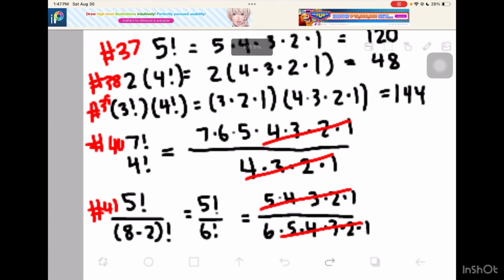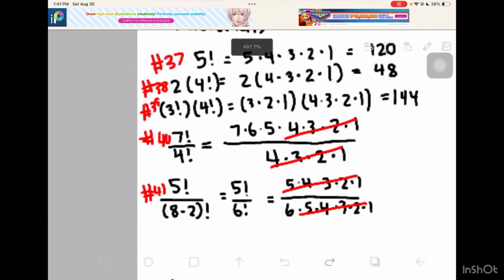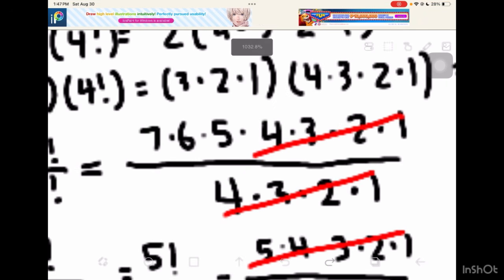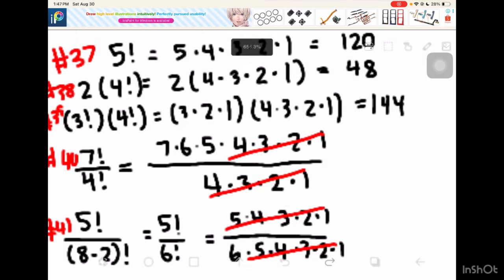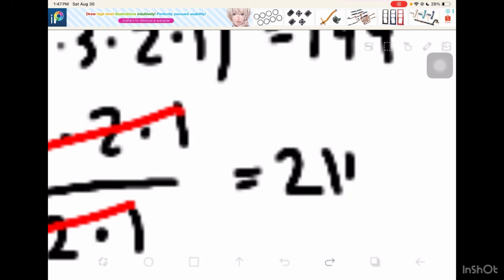Then we have 7 factorial over 4 factorial. If we expand the format, it looks like 7 times 6 times 5 times 4 times 3 times 2 times 1, and then we have 4 times 3 times 2 times 1 at the bottom. Since they share 4 times 3 times 2 times 1, we can cancel it. So it's just going to be 7 times 6 times 5, which is equal to 210.